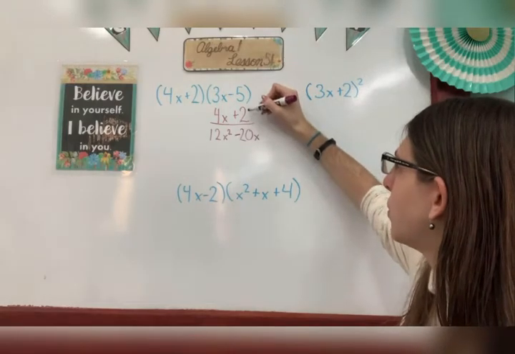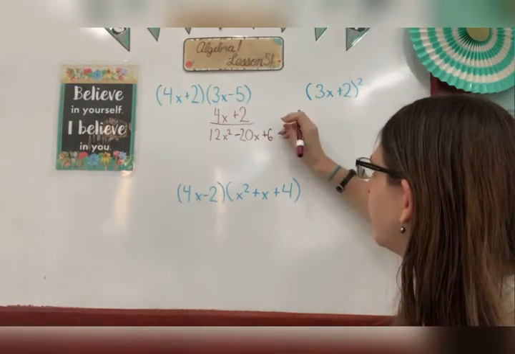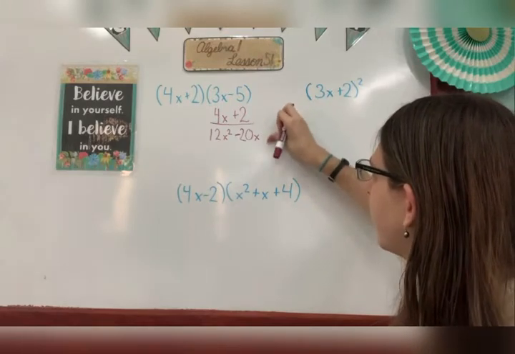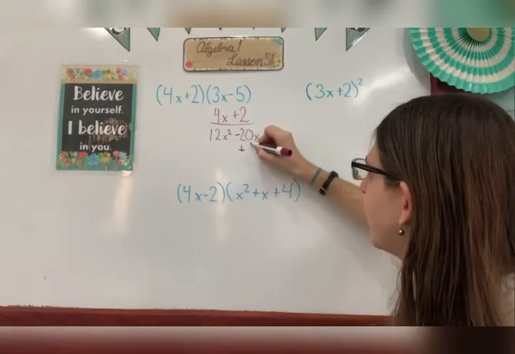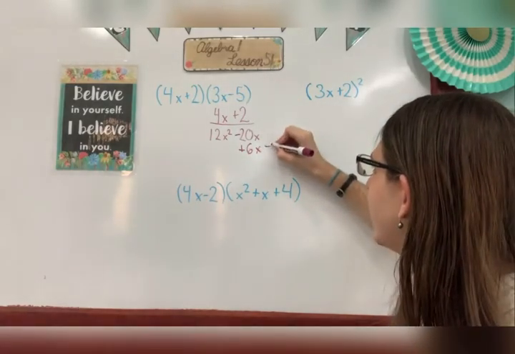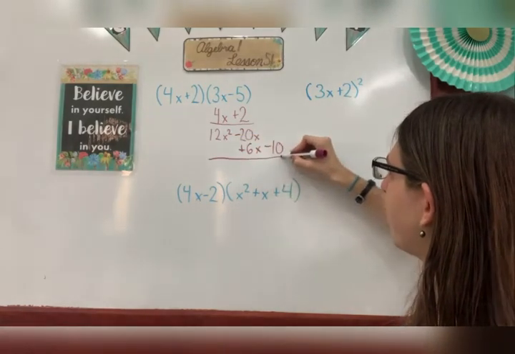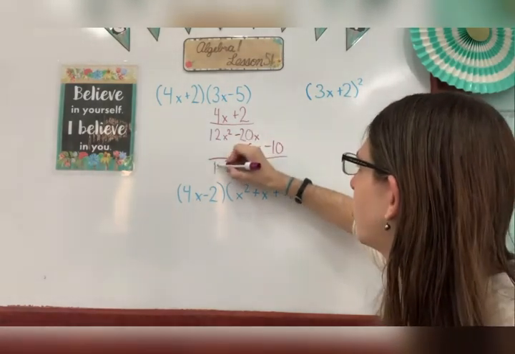Now I go to my 2. 2 times 3x is positive 6x. Whoops, got ahead of myself there. That goes under here, positive 6x. Positive 2 times negative 5 is negative 10. And now I can combine them. So bring my 12x straight down, 12x squared.